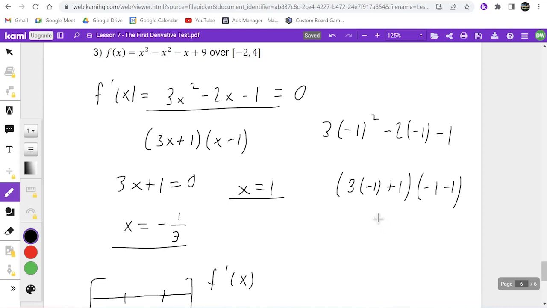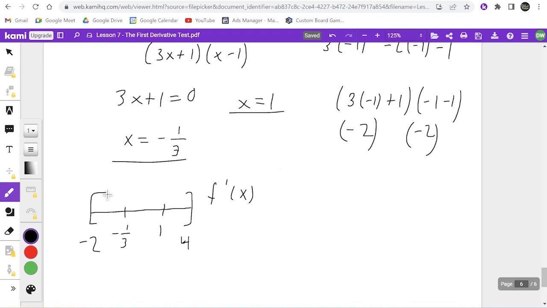The first factor is negative, and the second is also negative, so since it's a negative times a negative, I don't even care that it's positive 4. It's going to be positive. So positive in this region right here.